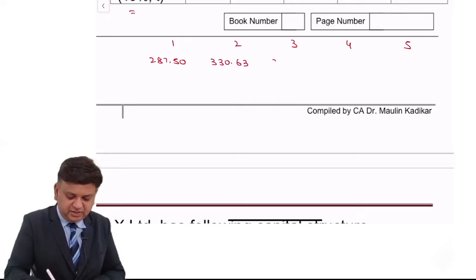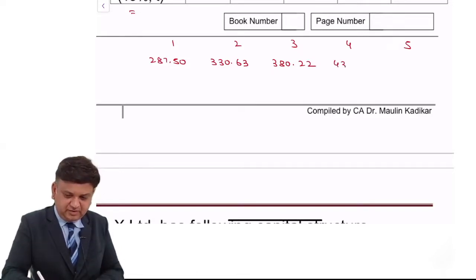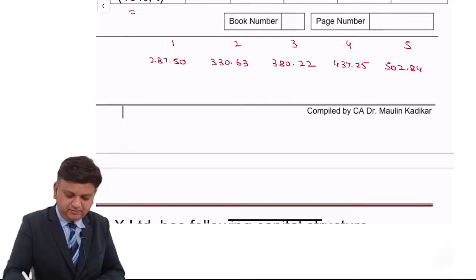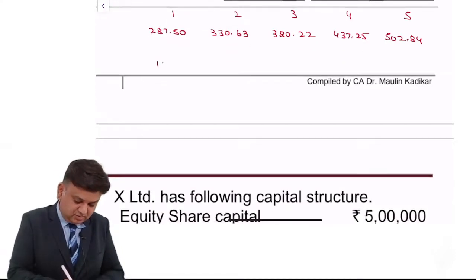Next year it is 380.22. Next year it is 437.25. Next year it is 502.84. So it is 287.5 plus 330.63 plus 380.22 plus 430.25 plus 502.84. So the total is 1938.44.